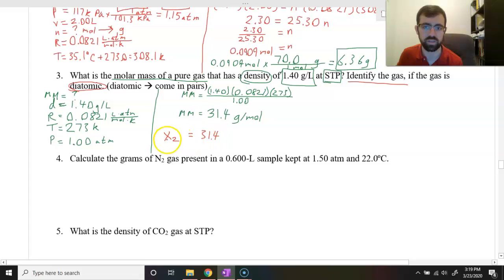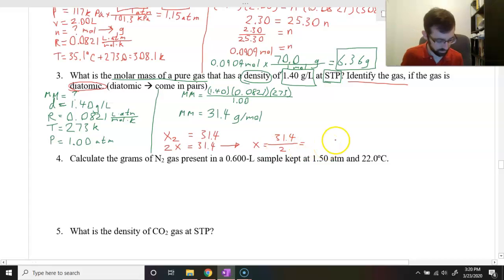So 2 times the mass equals 31.4. Really what we're saying, 2x. So I need to do 31.4 divided by 2, sorry, and you get 15.7.